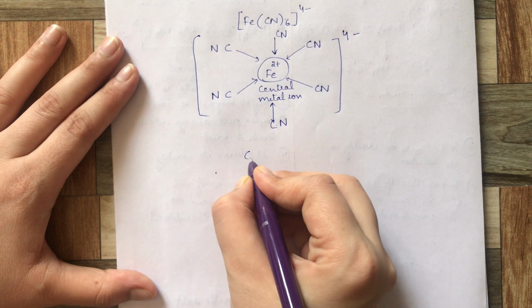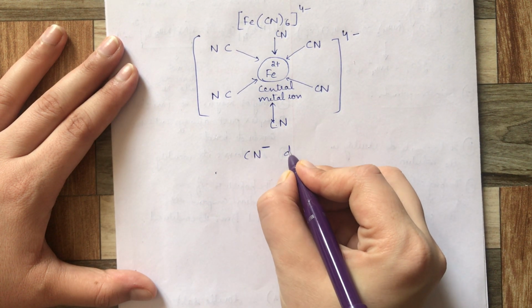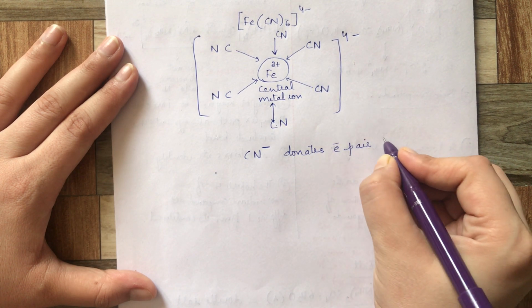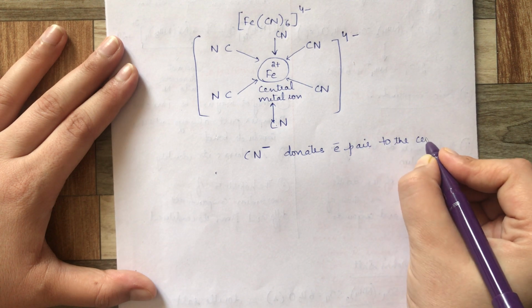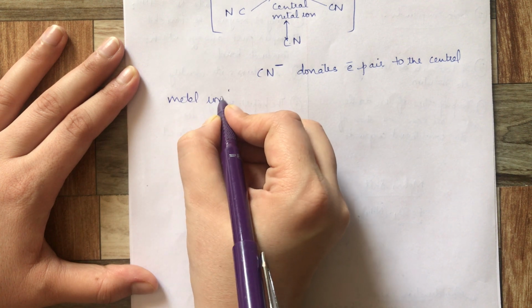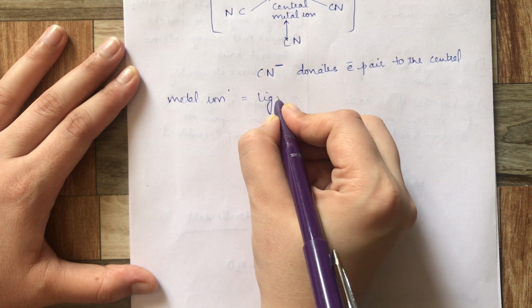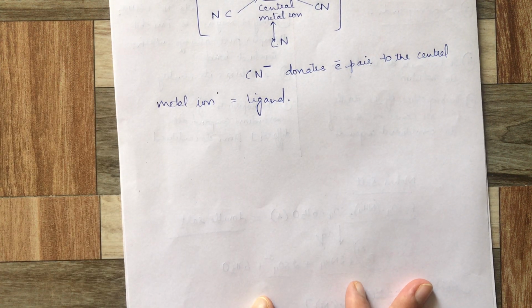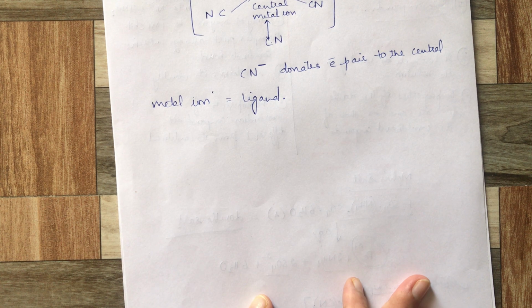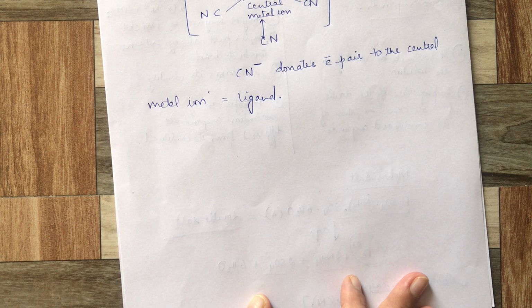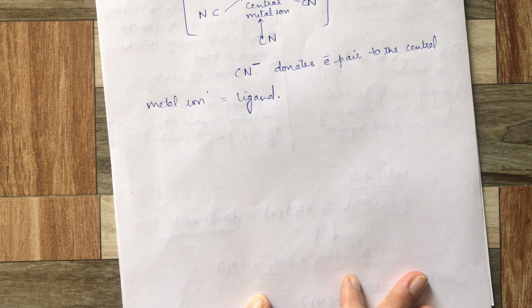Here CN-, which donates the electron pair to the central metal ion, is the ligand. So what is a ligand? The donor atoms, molecules or anions which donate the pair of electrons to the metal atom or ion and form a coordinate bond with it are called ligands.